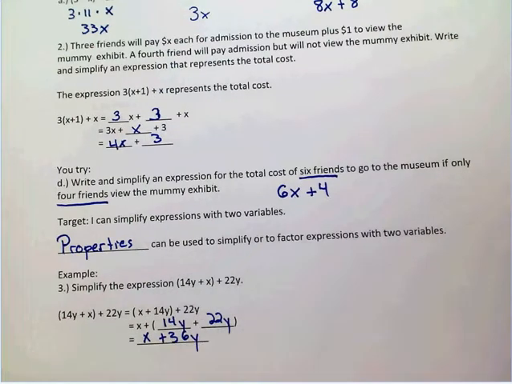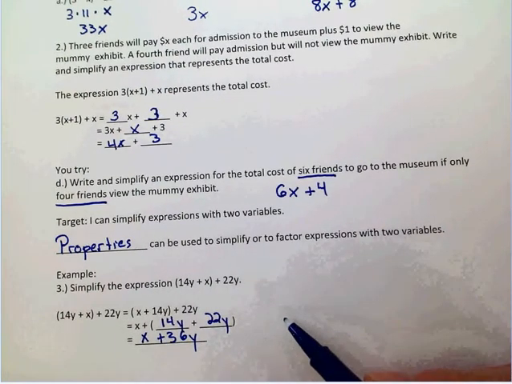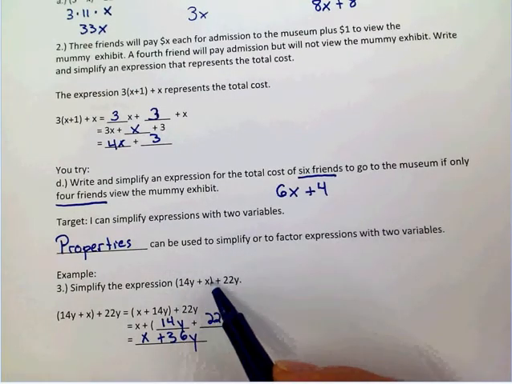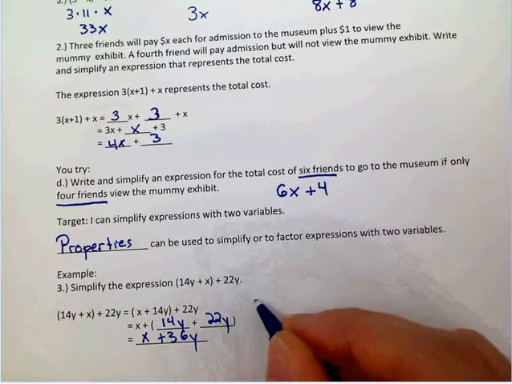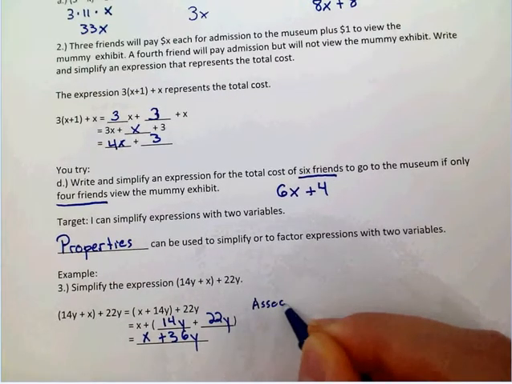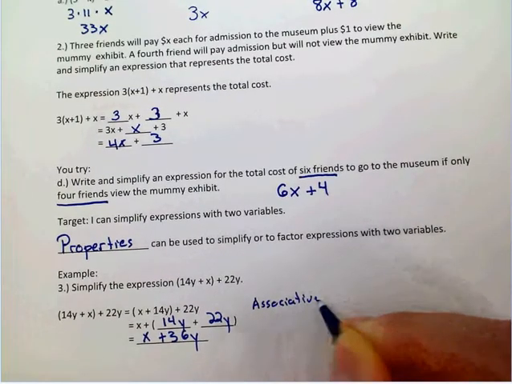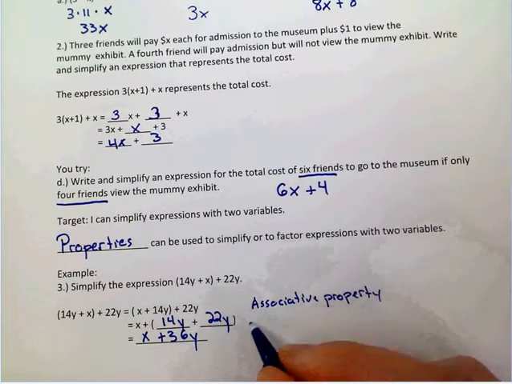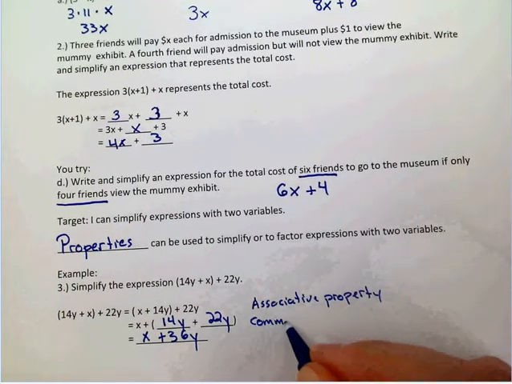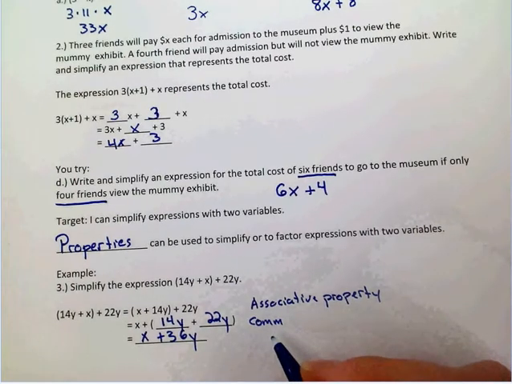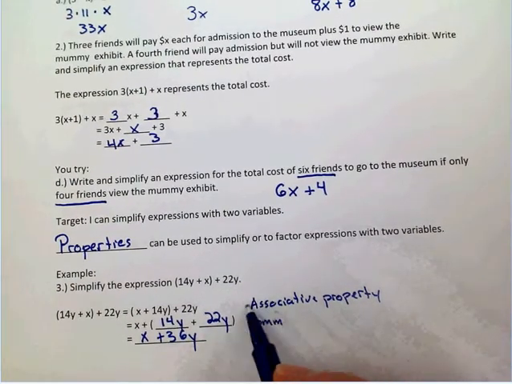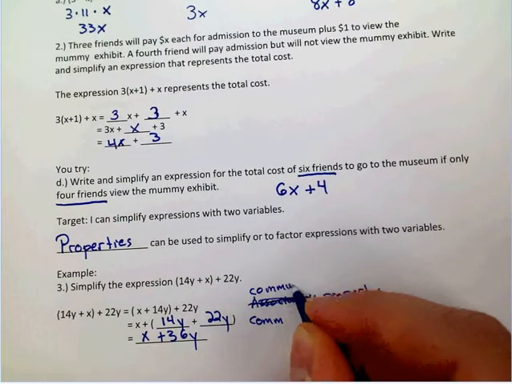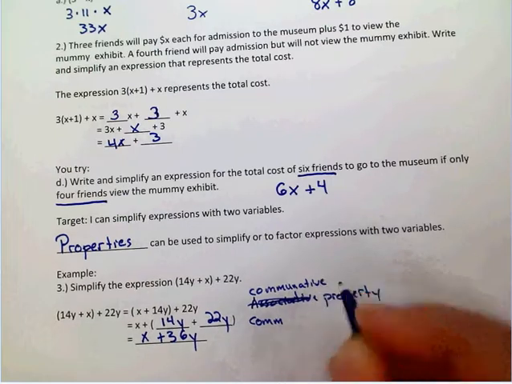So I'm going to go through that one more time just so that we can see this. As we look, we have 14y plus x plus 22y. We use the commutative property to change the order.